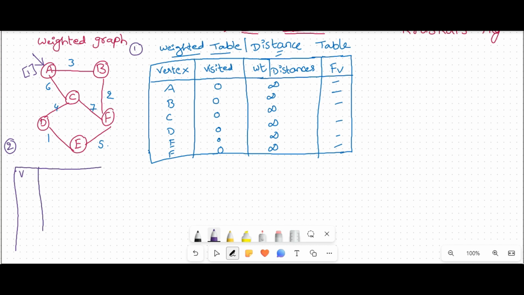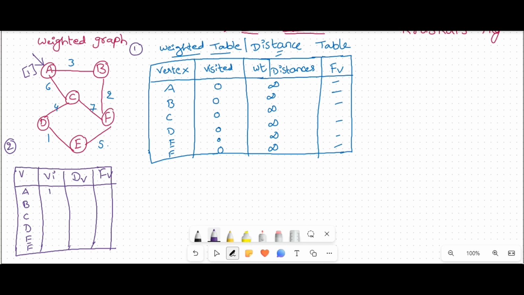The columns are vertex, visited or not, and distance from the vertex. The vertices present in the graph are A, B, C, D, E, F. We are starting from vertex A, so that vertex is visited, so 1.